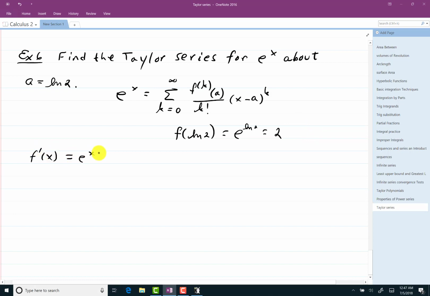Then f prime of x equals e to the x. Well, nothing could be simpler than this. f prime of ln of 2 equals e to the ln of 2 equals 2. If you ever get assigned a problem like this involving e to the x, celebrate. It's so simple that you can do it without much thought at all. Every derivative is the same.